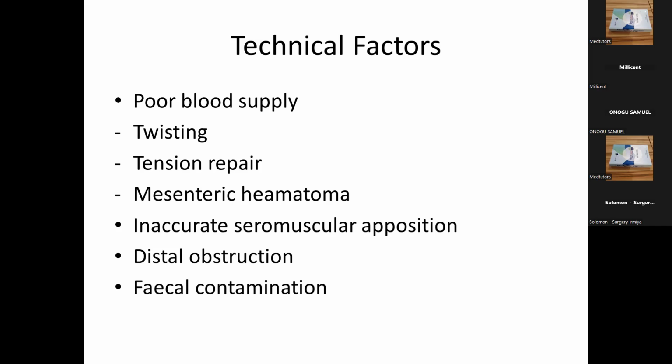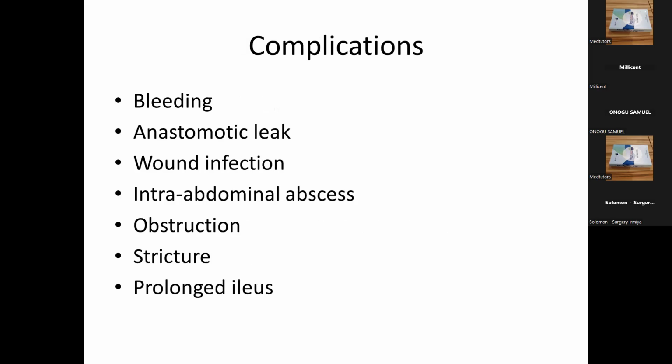Inadequate seromuscular apposition significantly affects, because this might lead to anastomotic leak and fecal contamination. Distal site obstruction: if there's a distal obstruction, it has to be released, as this increases the pressure on your anastomotic site, therefore predisposing it to leakage. And fecal contamination will also increase the amount of inflammatory response and also promote bowel leak.